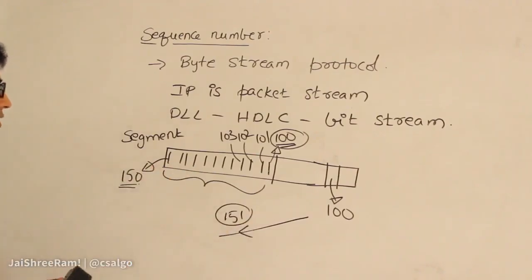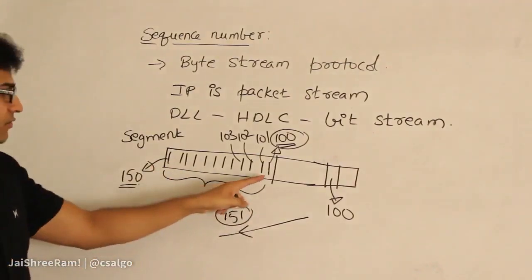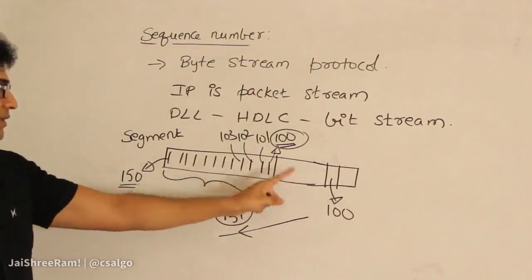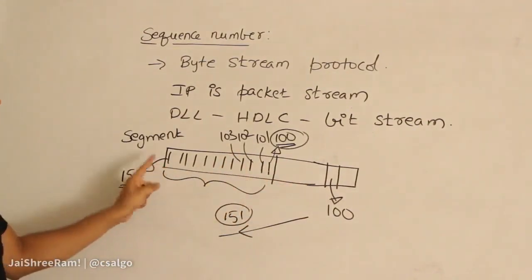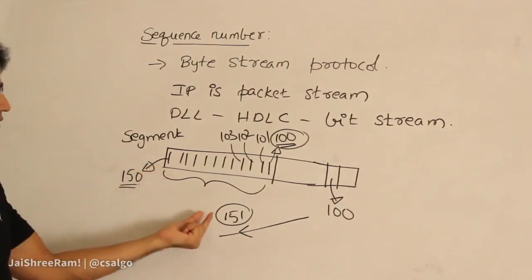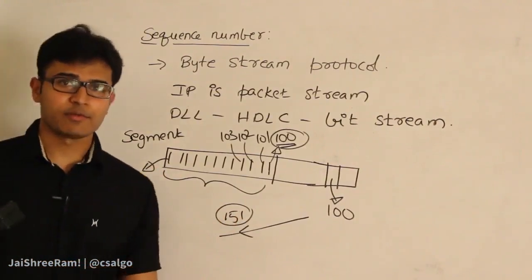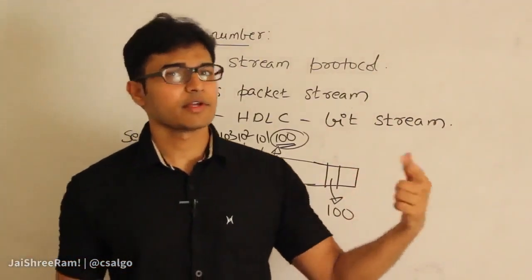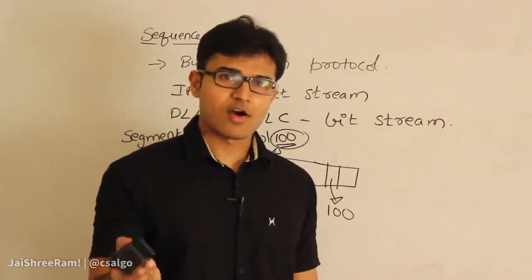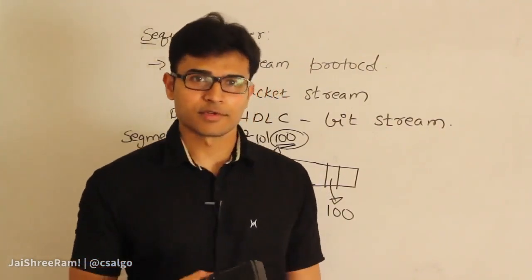Now the question is, the first byte sequence number you are going to put here, and you can know it, but you cannot directly know the last byte sequence number. Once you know the last byte sequence number, then you can calculate the acknowledgement number. The acknowledgement number is nothing but the last byte sequence number plus 1, simple. But given the first byte sequence number, how can you calculate the last byte sequence number?